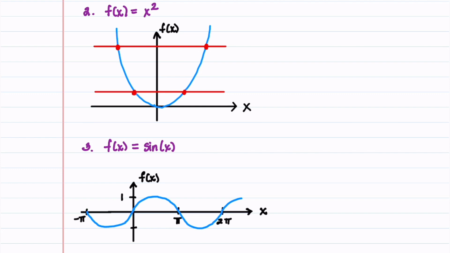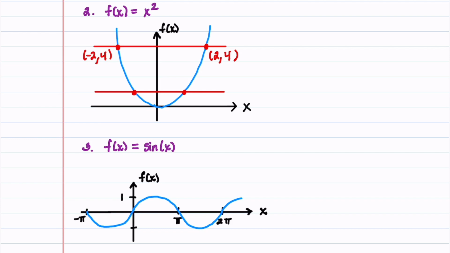If we look at our top line, our point is -2, 4, and our other point is 2, 4. This means for two different values of x, we get the same value for f of x, which is equal to 4. This is the same thing that we saw algebraically.